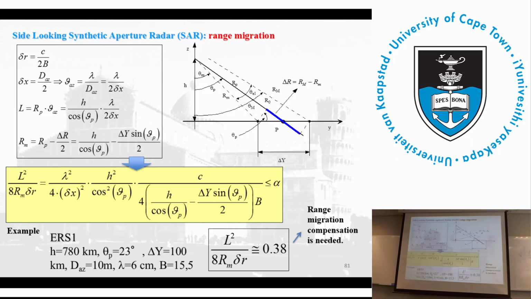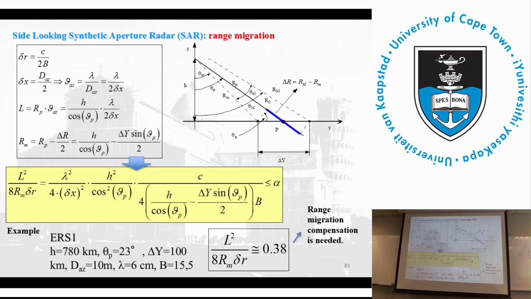Delta x is calculated as d_s divided by 2, which becomes a system parameter. L is actually R_p times theta azimuth, which is the footprint on the ground, and you can also calculate that in terms of system parameters, okay? And R_m, again, you calculate it in terms of system parameters, which is the minimum distance.